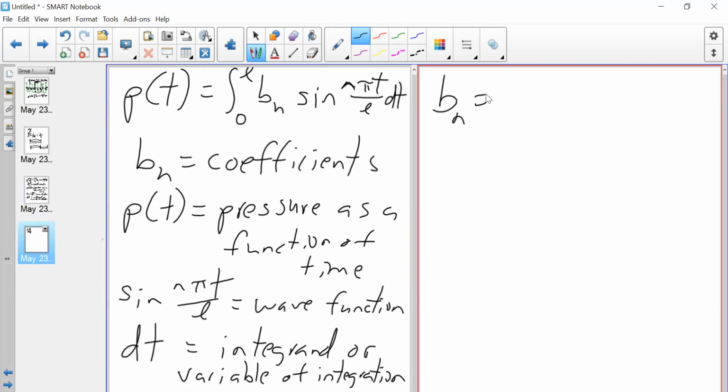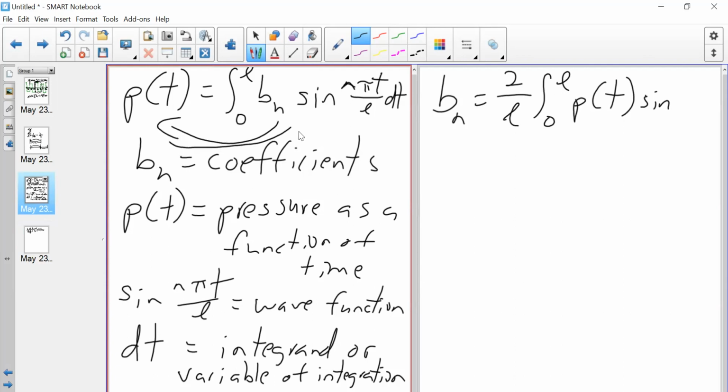So the b sub n's are going to be found by using a Fourier series equation, which is this particular type here, 0 to L. And we're going to say this is going to be P of t sine. So basically, we're just swapping these two. There's a particular reason why.